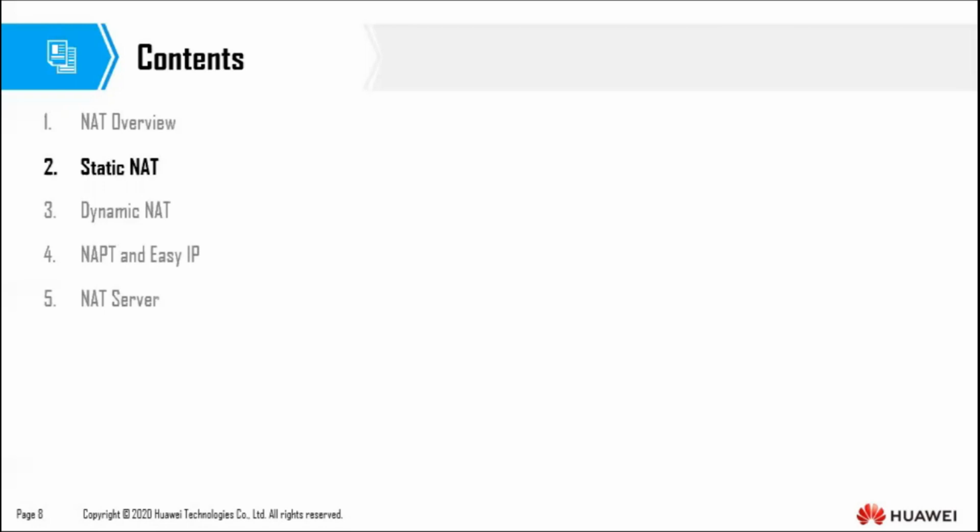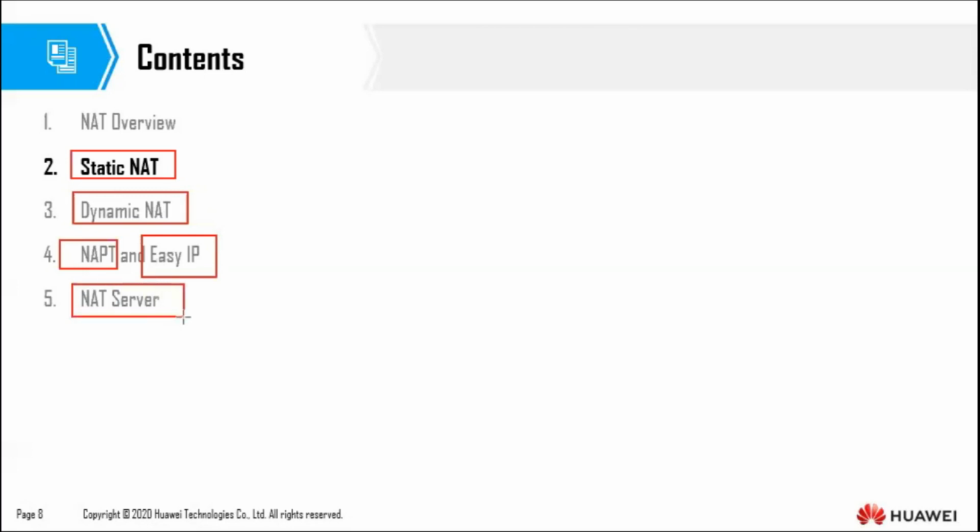Actually, there are 5. And we have Easy IP. So we have static NAT, we have dynamic NAT. Then we have network address port translation. Easy IP is almost like NAPT, but differs just a little bit. Then we have the NAT server.